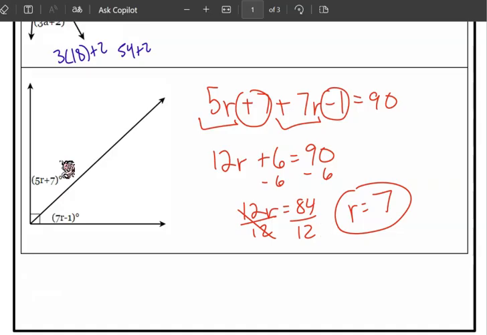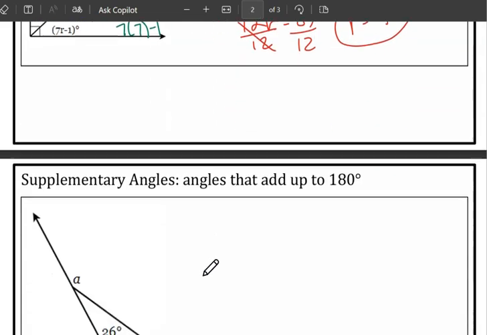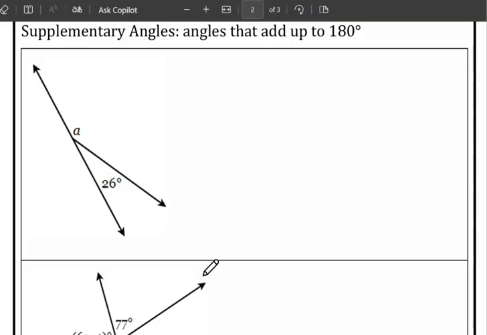If we want to find the specific angle measurements, evaluate when R is equal to 7. This will give you 42 degrees, and then this one is 48 degrees. Let's look at the next page.